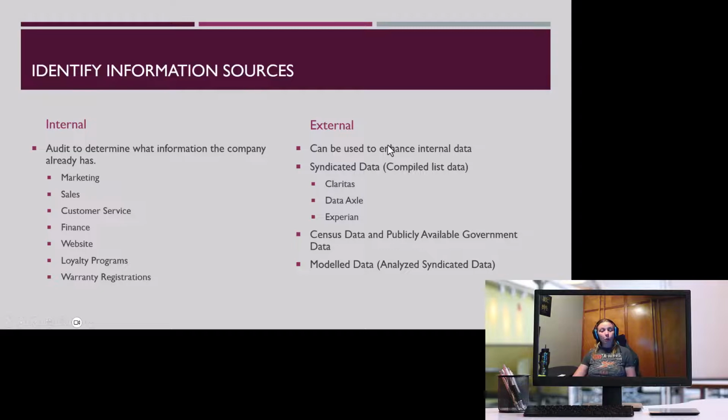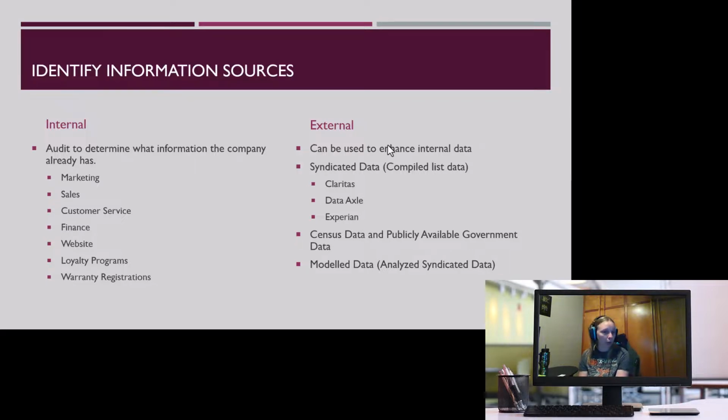Okay, once you know what kind of data you want in your CRM, then you have to figure out where you're going to get it. It is essential that if you have access to the data already, you probably shouldn't go buy that same information again or go collect it again. See if you have sources internally to the company that'll get you the data that you need.